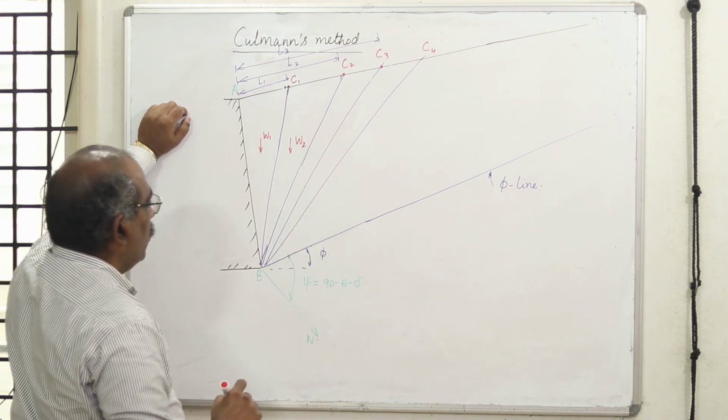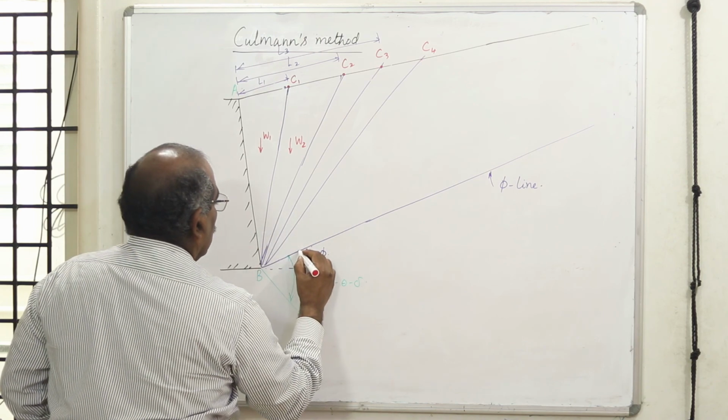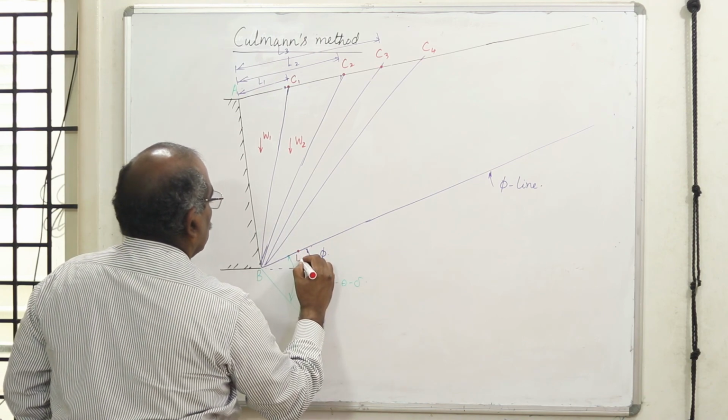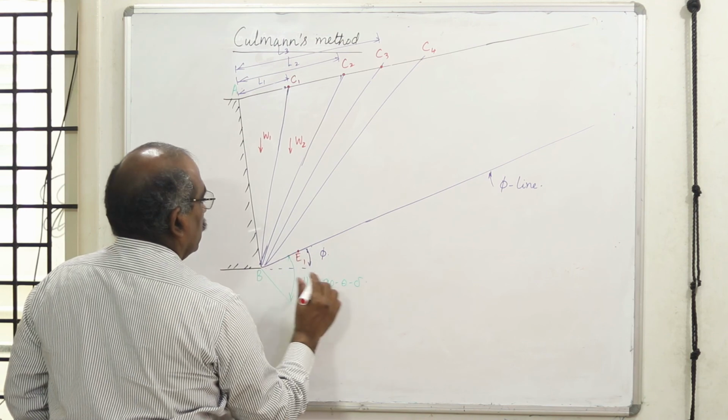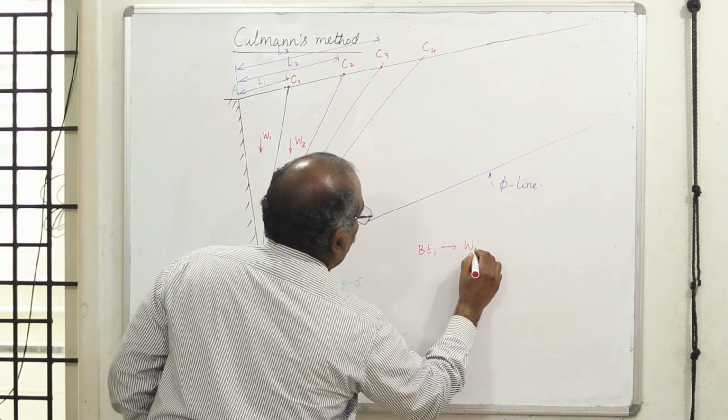Now what I am going to do, on the phi line I am going to represent to a certain scale, let me call this E1. DE1 represents W1 to scale.